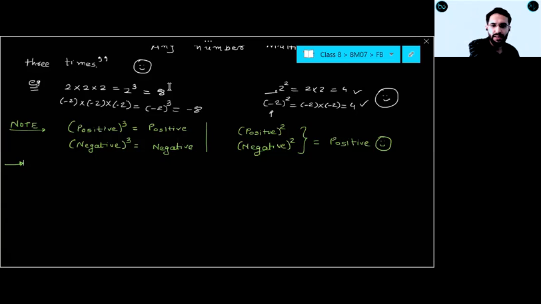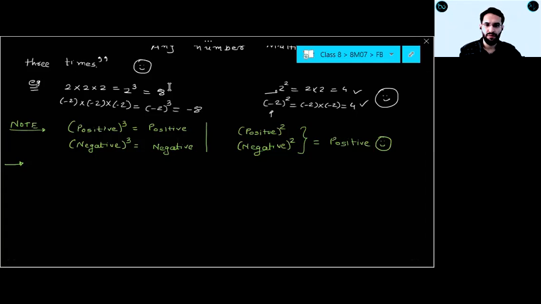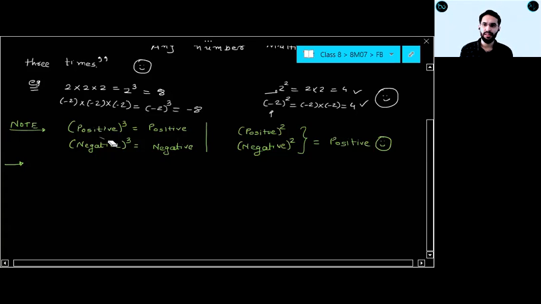Okay, can I take 2 by 3? Let us take 2 by 3 and think. So let us check for 2 by 3. Understand this carefully. 2 by 3 cube, how can you find this? 2 by 3 into 2 by 3 into 2 by 3, or not?